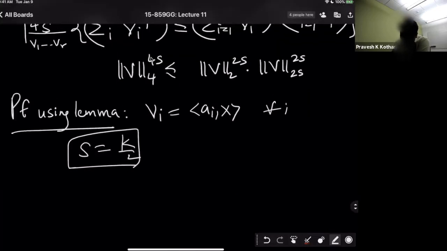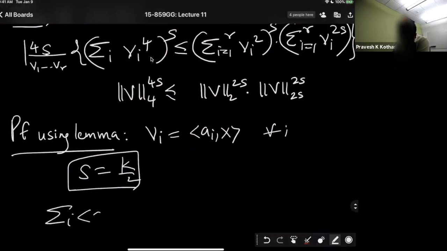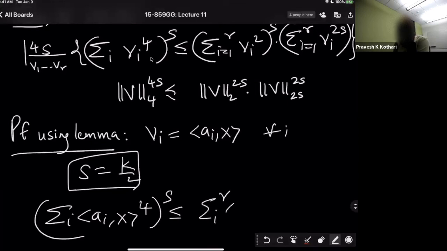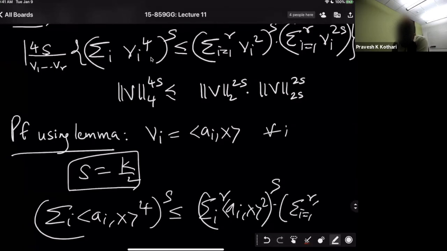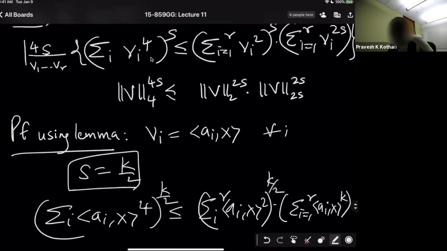Now what do I get? I get that the sum over i of (ai dot x) to the 4, whole to the s, is at most the sum over i of (ai dot x) squared, to the s, times the sum over i of (ai dot x) to the k over 2 s. Good.